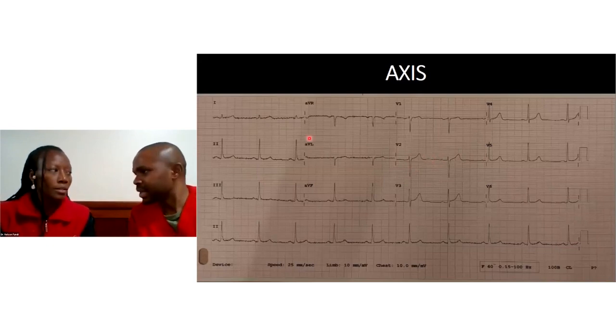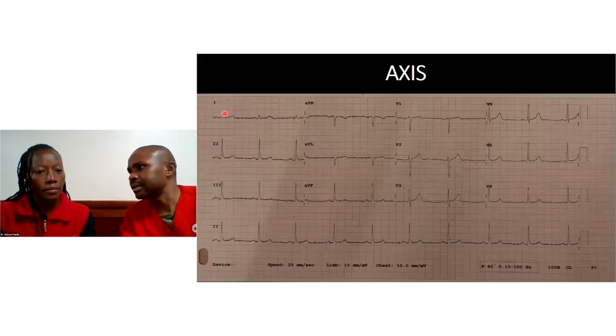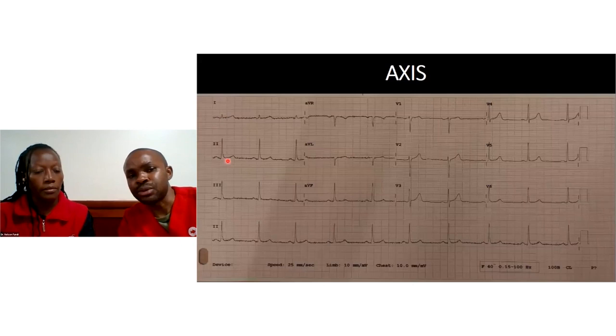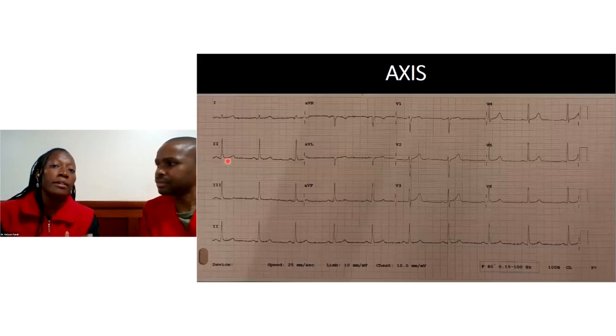Thank you. Now, back to our axis: in lead 1 and in lead 2, they should be predominantly upward facing. Now, why is this useful? Why is this useful, Chris? This is useful in telling us the direction of the current flow.